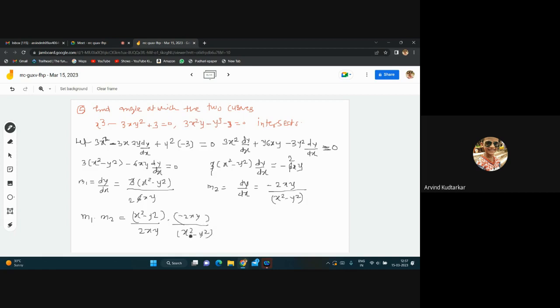The x square minus y square factor will cancel, and 2xy also cancels. What remains is minus 1. When the product of slopes is minus 1, at what angle are these two curves intersecting? An angle of 90. Yes. So these two curves cut at a right angle, that is 90. Correct?